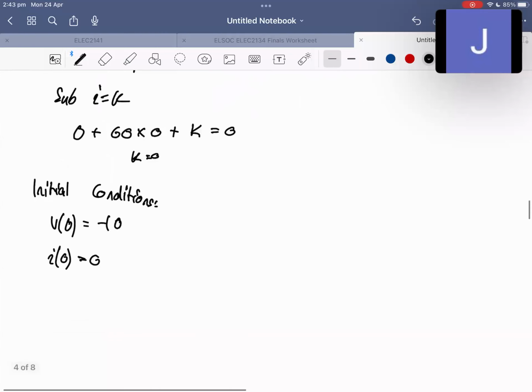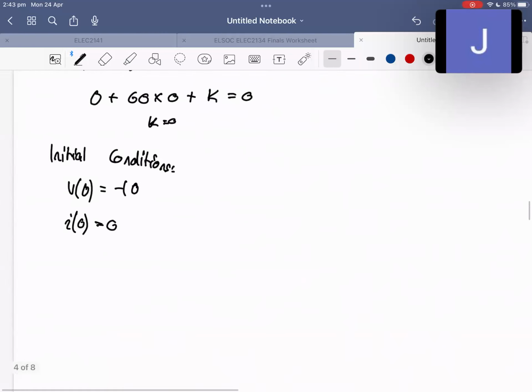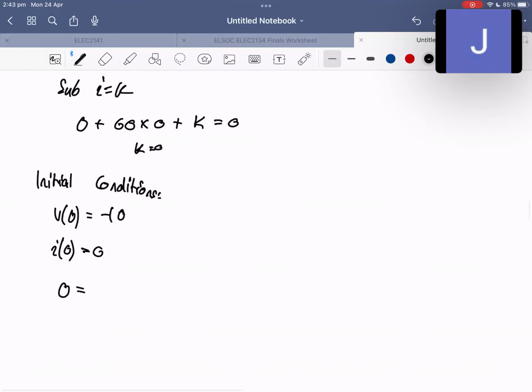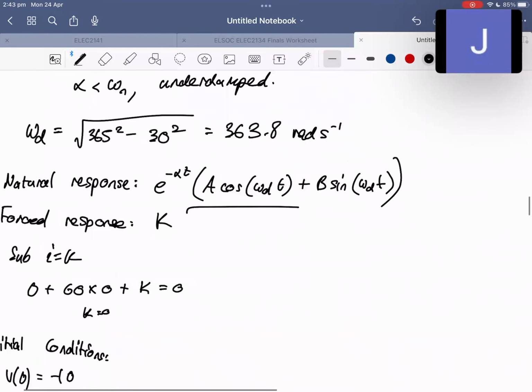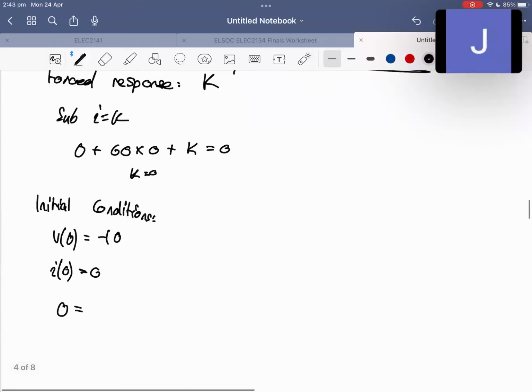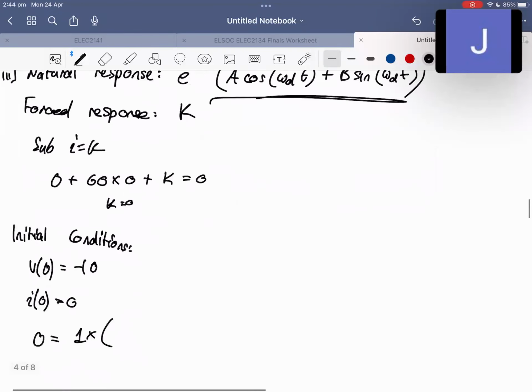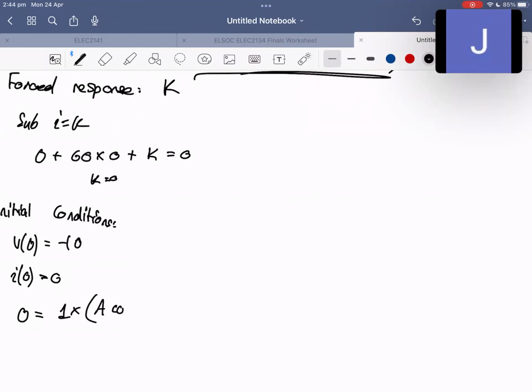So let's just sub in i of 0 equals 0. That's the simplest equation that we can start with, since I just plug in 0 and then we get this equation here. So e to the minus alpha times 0 is just 1. And then we've got A times cos of 0 and B times sine of 0, which is just 0.